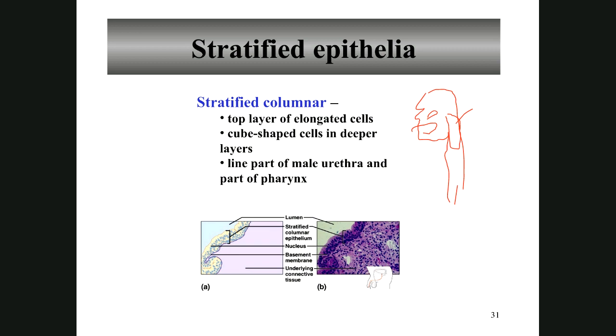If it's posterior to the oral cavity, it's known as the oral pharynx. And if it's posterior to the larynx, it's known as the laryngeal pharynx.